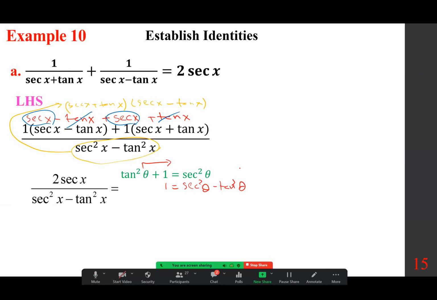So the denominator is 1. 2 secant x over 1 is 2 secant x, and that's the right-hand side, and that's the proof. So very straightforward, everybody.